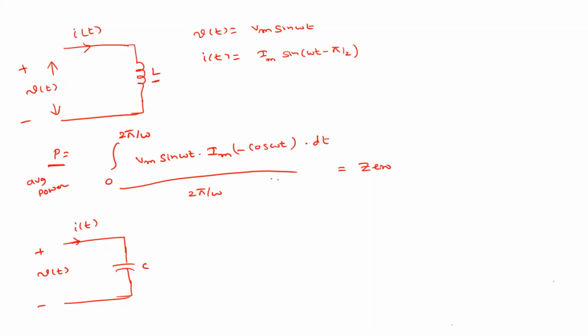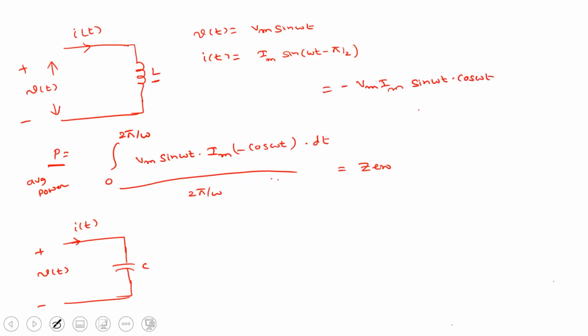Vm Im sin omega t into cos omega t, so minus Vm Im sin omega t cos omega t. That is present.